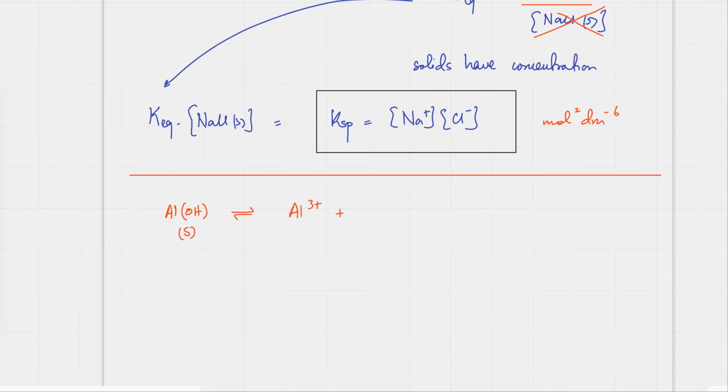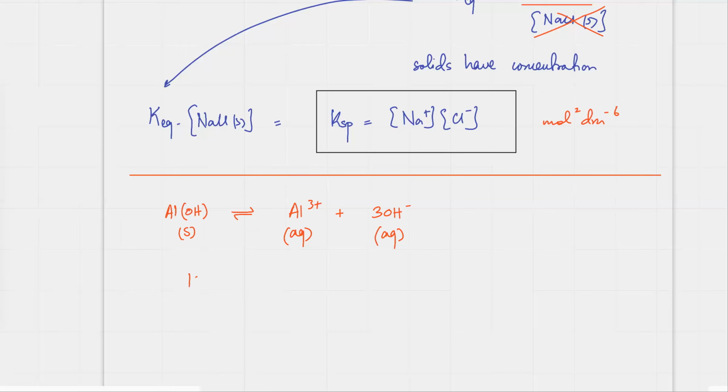In a saturated solution, no matter how much you try to dissolve, the ions would be so concentrated and so close together that they would get together to form the solid back again. So it's going to be at equilibrium if it's saturated.